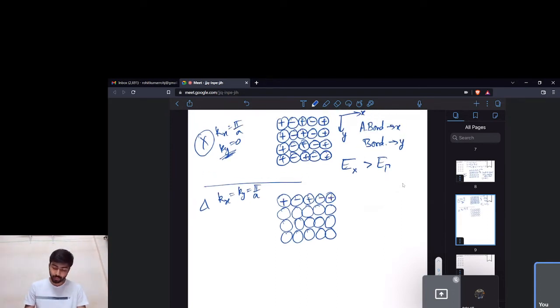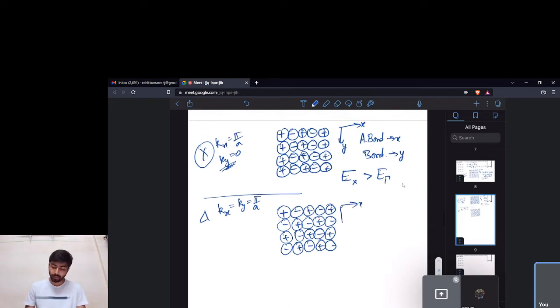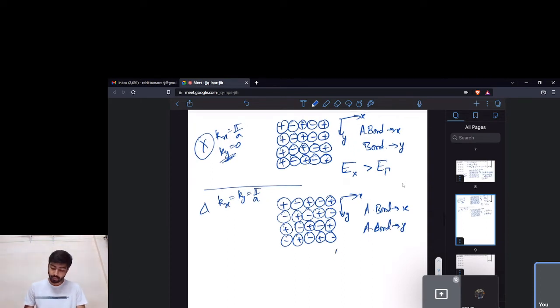Plus minus, plus minus, minus plus, minus plus, and so on. And here again we have x and y, so we have anti-bonding interaction in x direction and also anti-bonding interaction in y direction. So the energy at delta is very high as compared to the energy at x position and energy at gamma position.